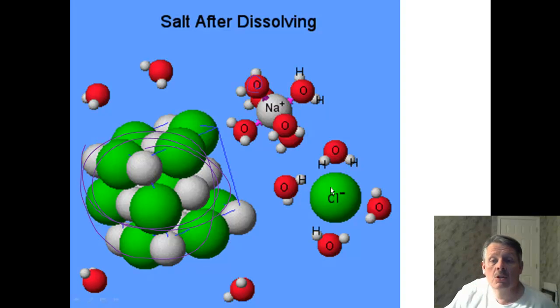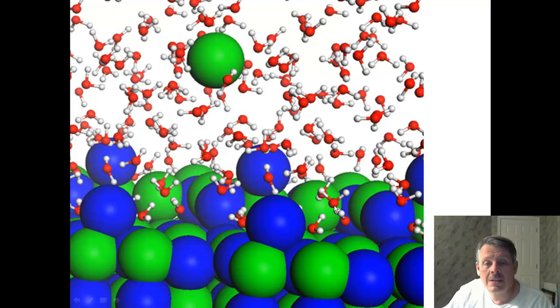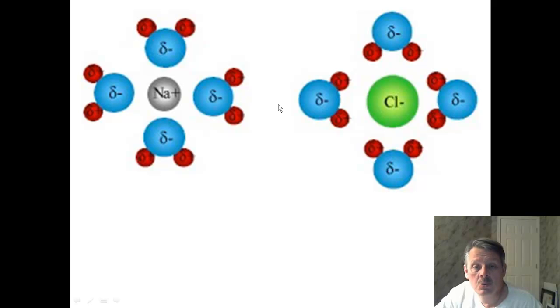Similarly, the chlorine is attracted to the positive hydrogens, so the chlorine is surrounded by a bunch of hydrogens over here. So that attacking is going on, and as the water sits there with the salt in it, the water molecules are constantly moving and ripping apart the sodium from the chlorine. So all the sodium and chlorine ions are coming into solution. And that's what's actually going on.